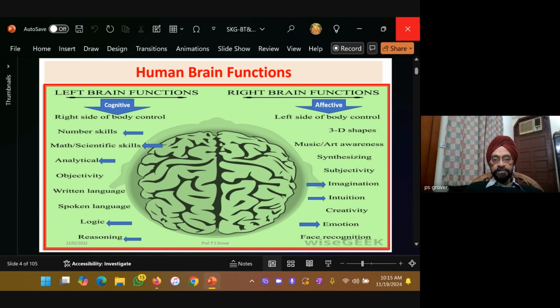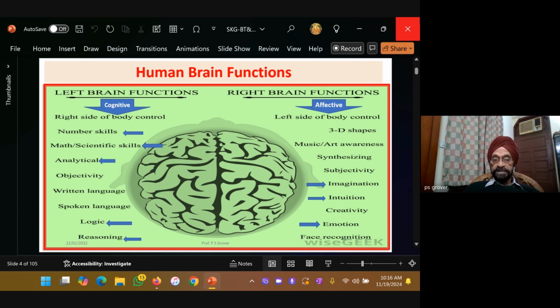Our left brain is very efficient in numerical skills, mathematics, analytical ability, logic, reasoning, etc. And the right brain is quite good at emotions, intuition, creativity, recognition capabilities, and so on. Awareness. Now, the reason I'm giving you this is that it is the basis of Bloom taxonomy.